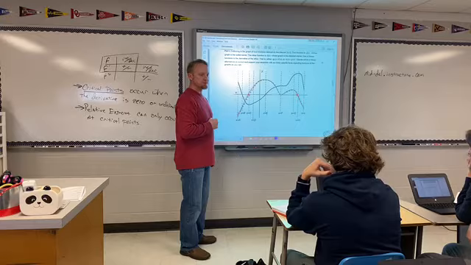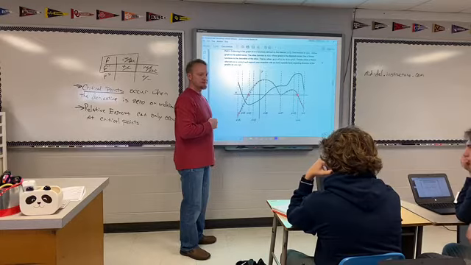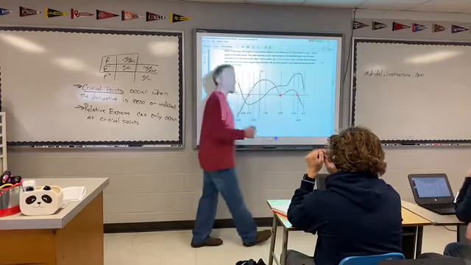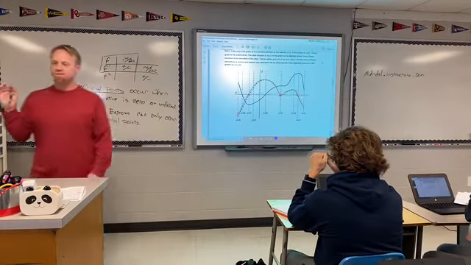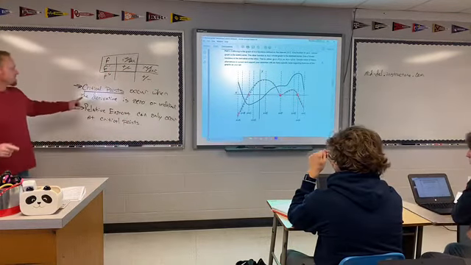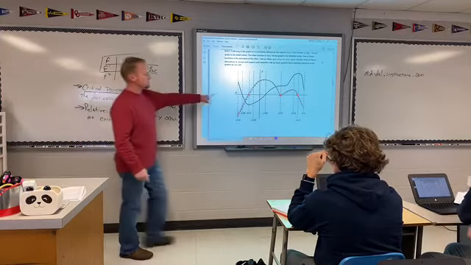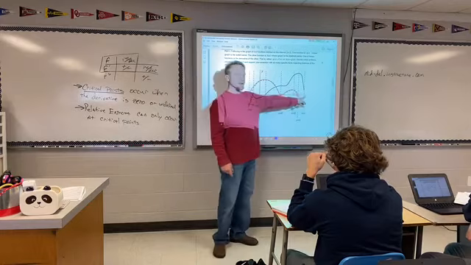Hang on. There's one more. F. All right. So I have 3 critical points on this graph. Because what's going on with the derivative at those 3 spots? It's equal to 0.